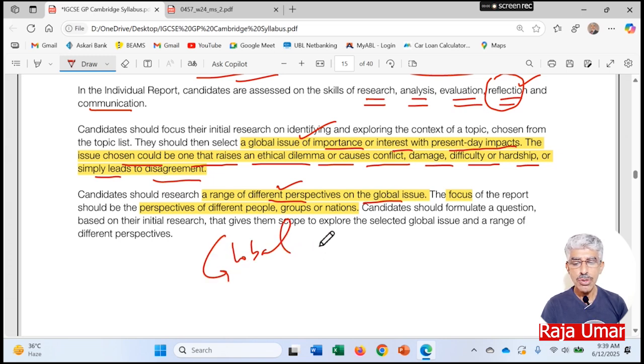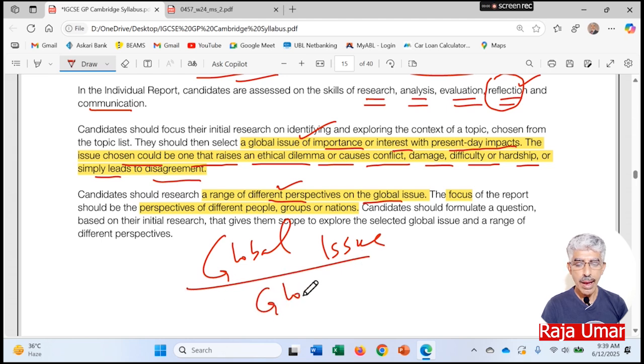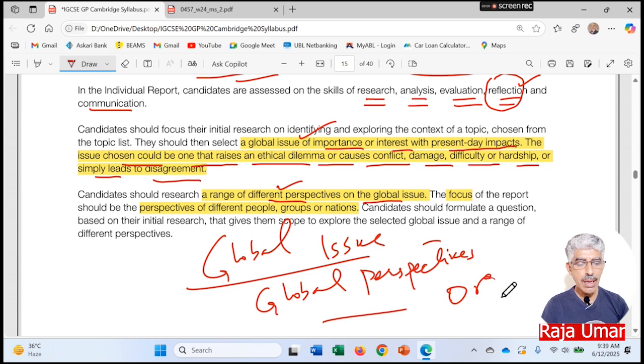For example, you can talk about the global issue. And in this one, you are supposed to talk about the global perspectives. I mean, what the global organizations think about that.